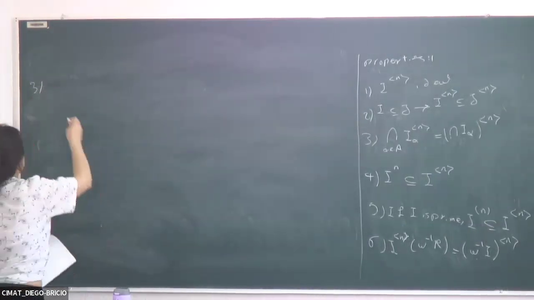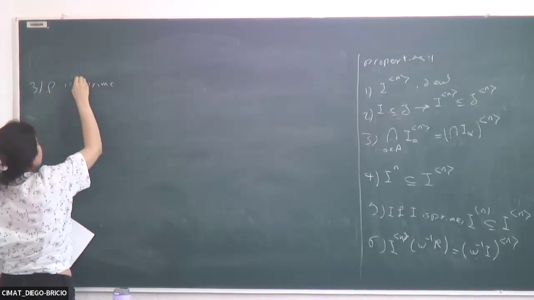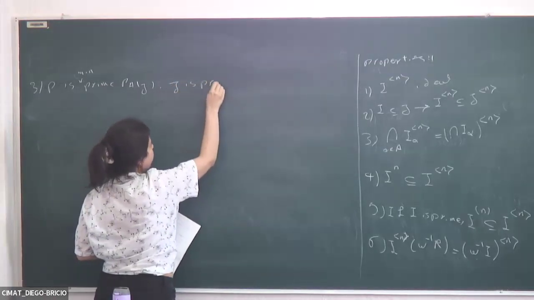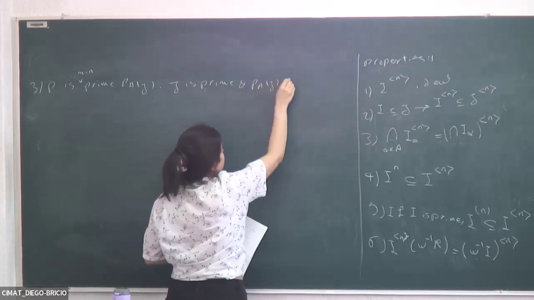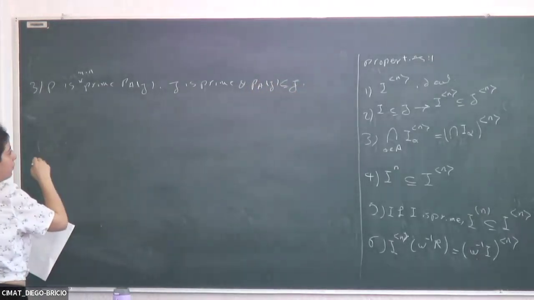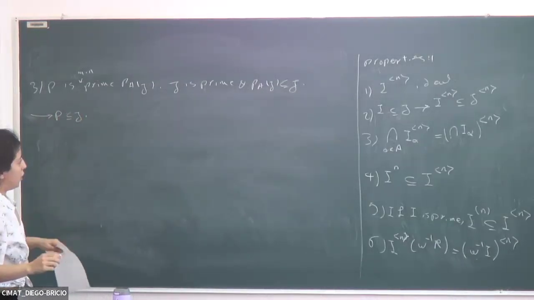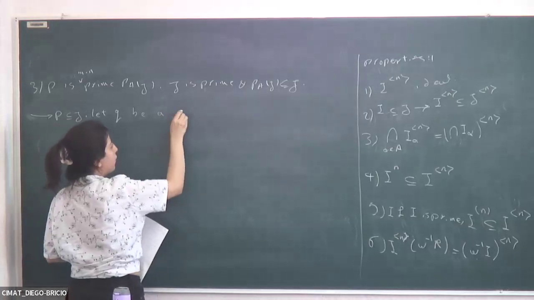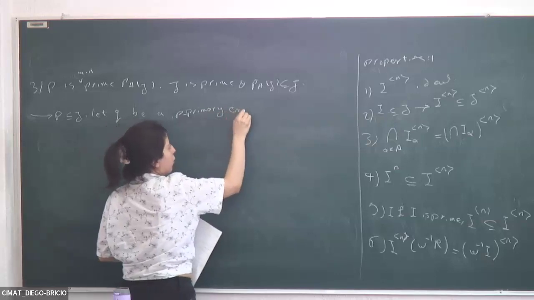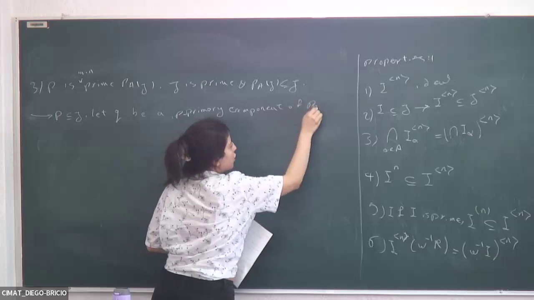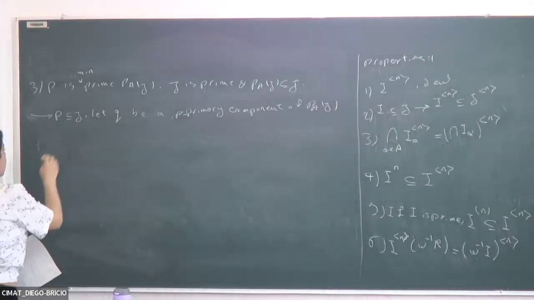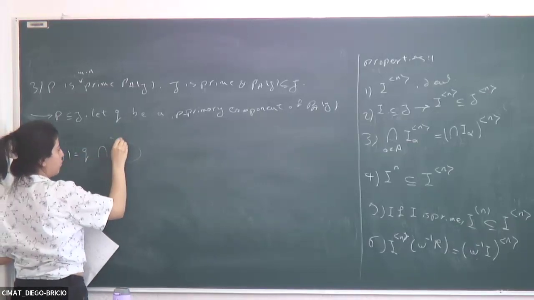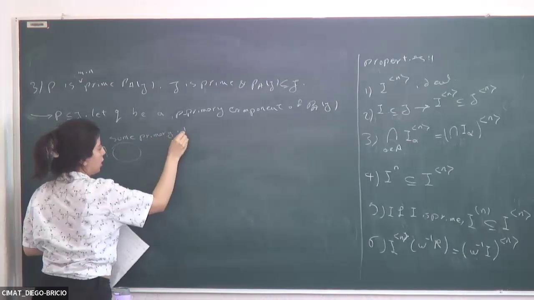So the third one is that we assume that P is prime, minimal prime of rho R J. Since J is prime, and rho R J is a subset of J, then we have that P is a subset of J. So let Q be the P-primary component of rho J. So in this case, we can write rho R J as Q intersected with some primary ideals.